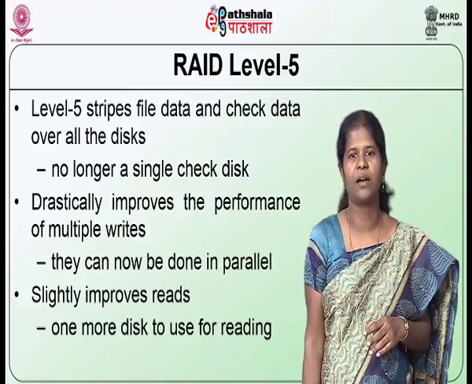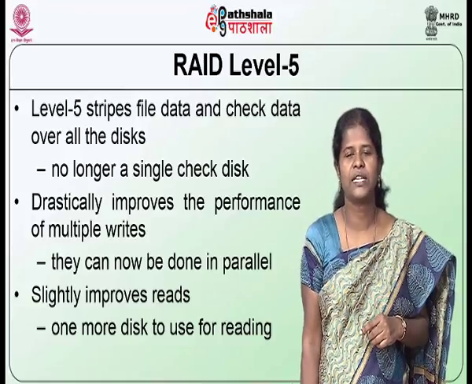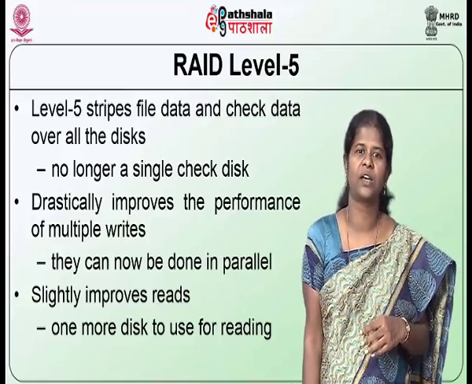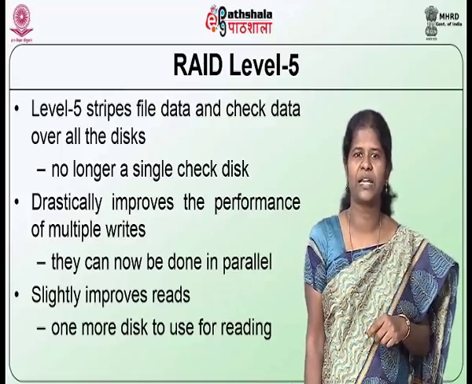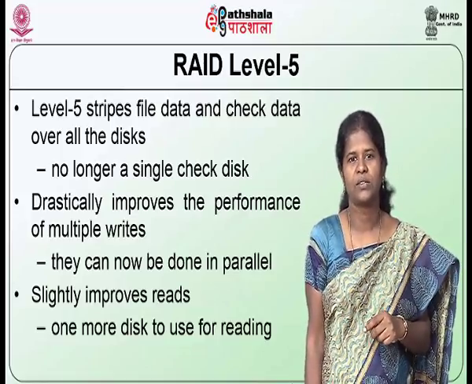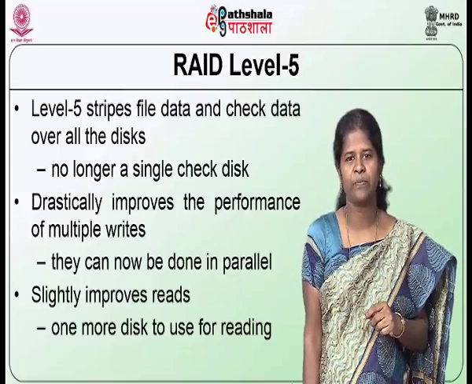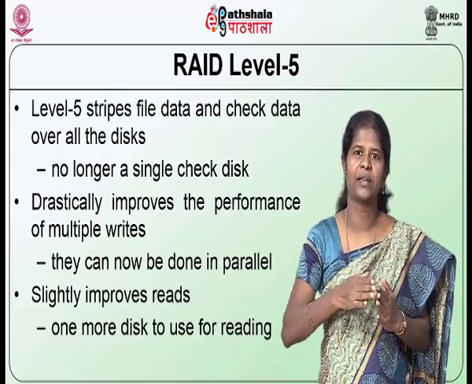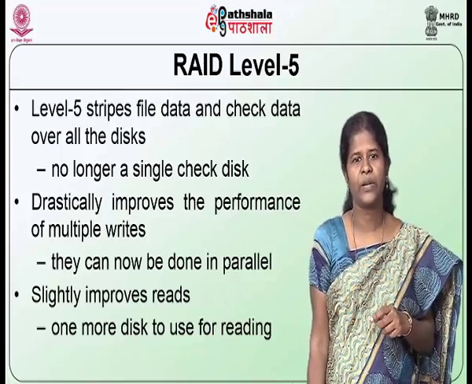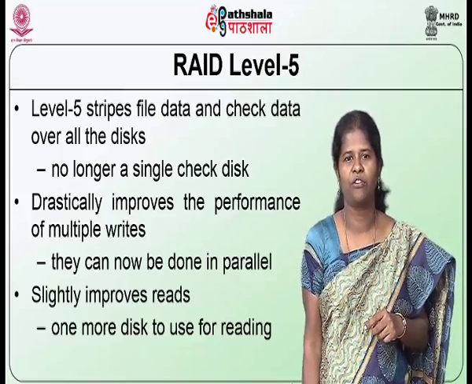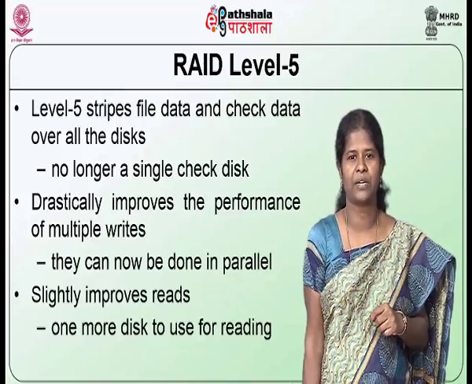And the next is RAID level 5. In this, it stripes file data and check data over all the disks. So, here there is no single check disk. The parity bits are calculated and kept along with the data in multiple disks. So, this will improve the performance of multiple writes, because you can do multiple writes in parallel.